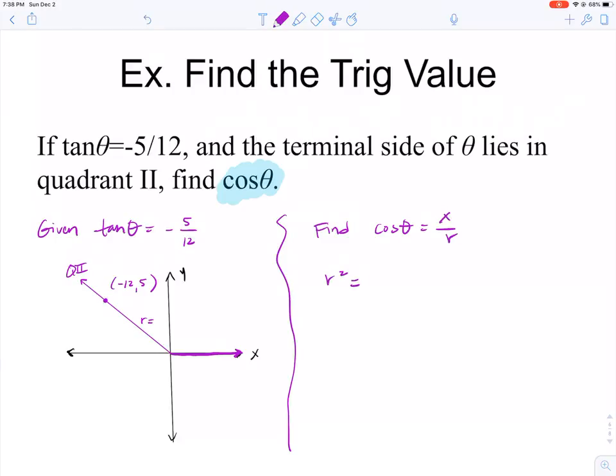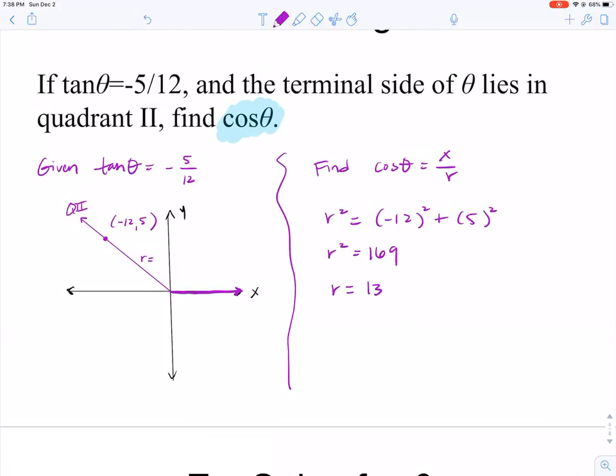So Pythagorean theorem, where r squared is equal to 169. R has to be positive. It represents a distance, so r will be 13. Therefore, cosine of theta will be equal to negative 12/13.